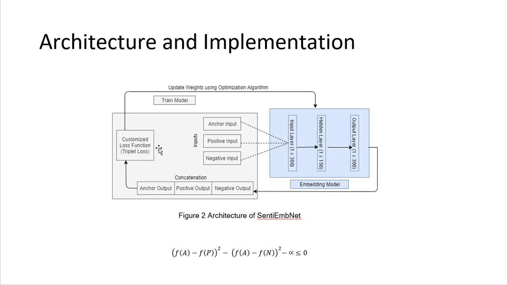Alpha is actually the distance which will keep positive word embedding and negative word embedding away from each other. After the training, we are going to generate the embedding model in such a way that it will identify or generate the embeddings for the word according to its sentiment. The proposed model has the name SentiEmbNet.